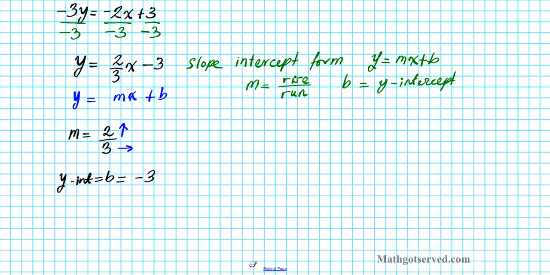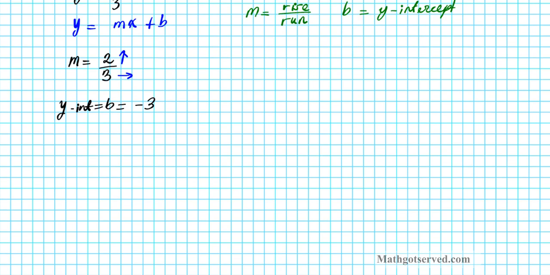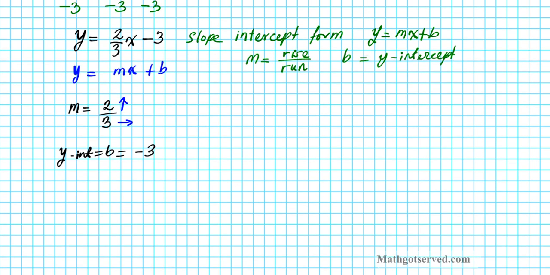So let's go ahead and graph our line. So we'll set up our coordinate system. There goes my y-axis. And there goes my x-axis. Now the first thing we are going to graph is the y-intercept. That's where you begin. Okay? So the y-intercept is -3, 1, 2, 3. -3 on the y-axis.